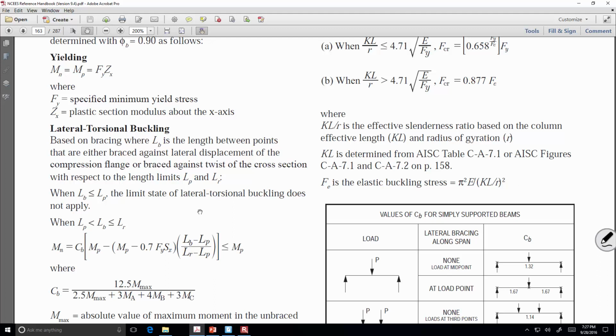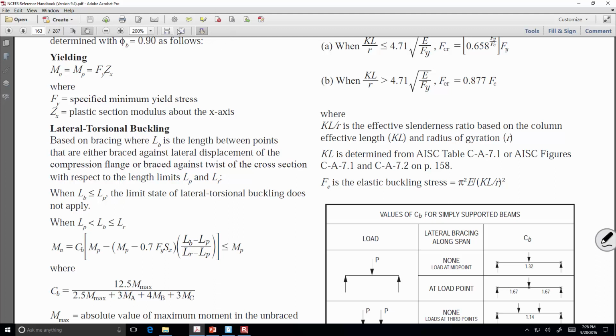Now, if your unbraced length is between these two limiting lengths, LP and LR, this is your capacity. What is the unbraced length for this beam? It's what? 12 feet? Okay. So we're in this range right here. Sound good? We're in this range. All right.